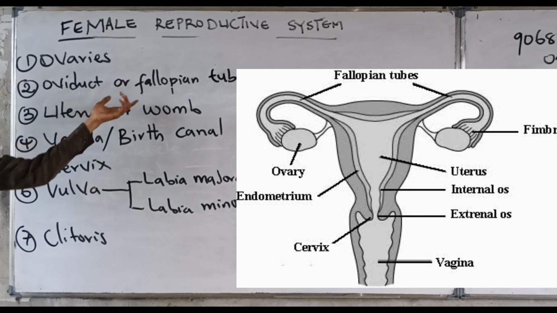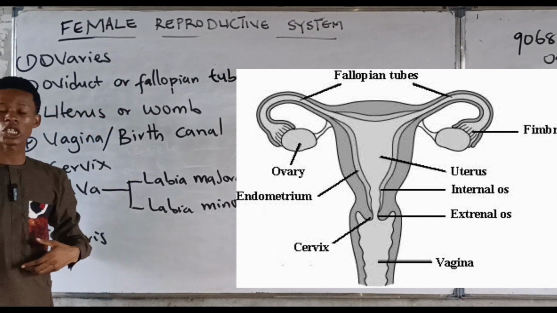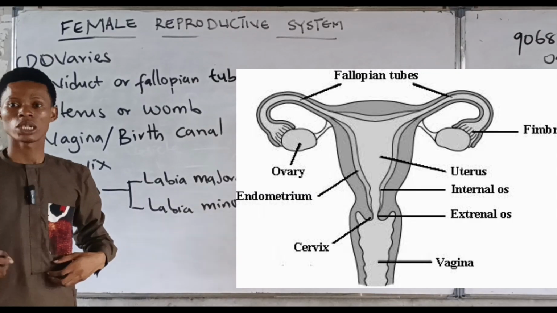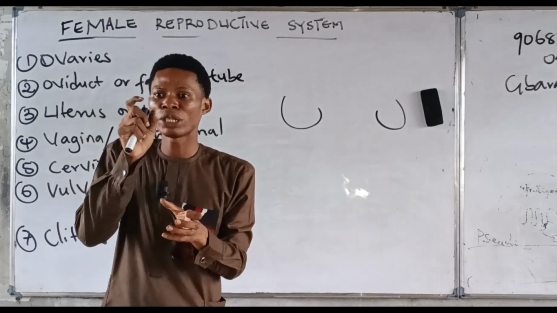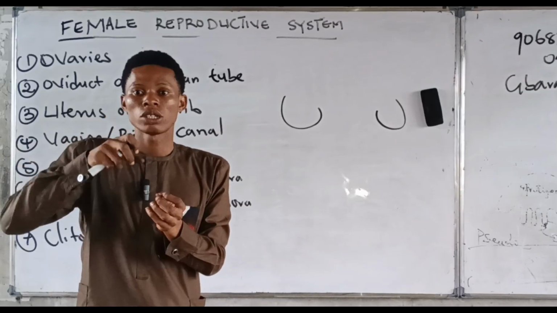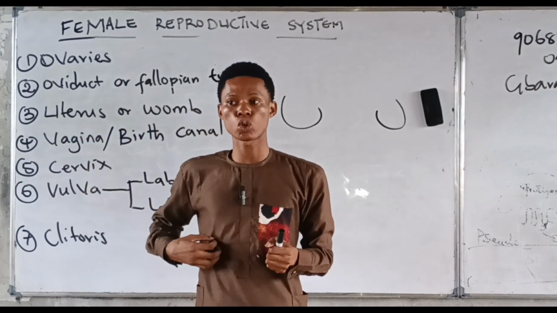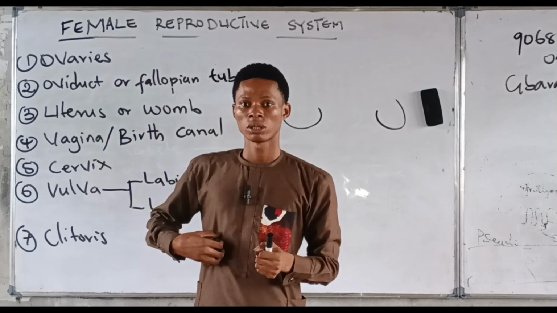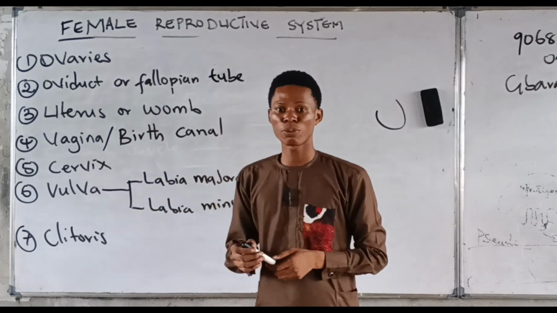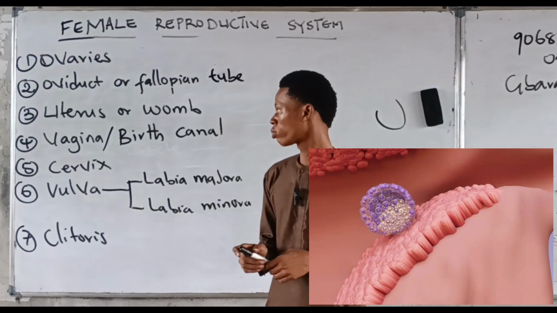Then the uterus is the womb, right? If the egg is fertilized, it is in the uterus that the embryo will be implanted into the walls of the uterus. That process whereby the embryo attaches to the wall of the uterus is called what? Implantation.